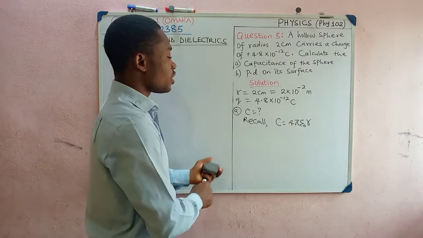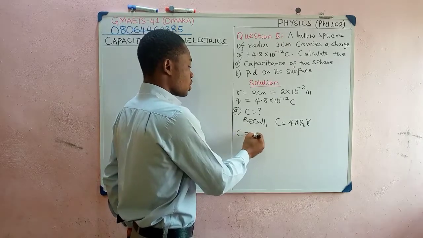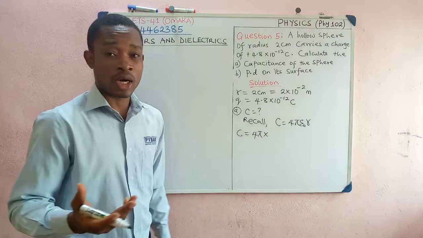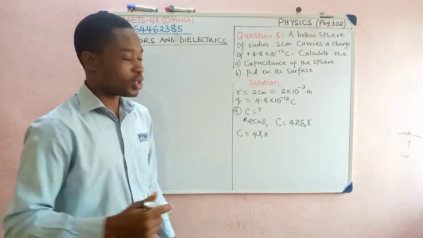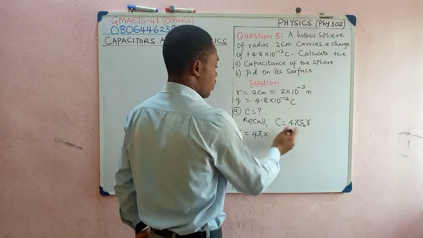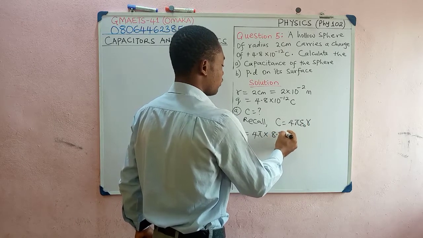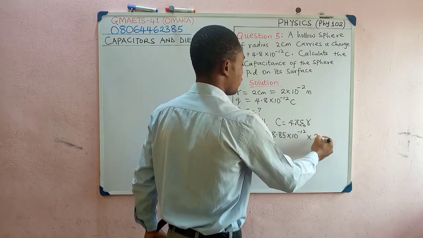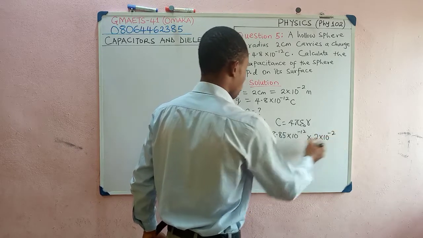So we can substitute directly, and then the capacitance will give us 4 times pi, which is 3.142 or 22 over 7, then the permittivity of free space, 8.85 times 10 raised to the power minus 12, times the radius of the sphere, which is 2 times 10 raised to the power minus 2 meters.